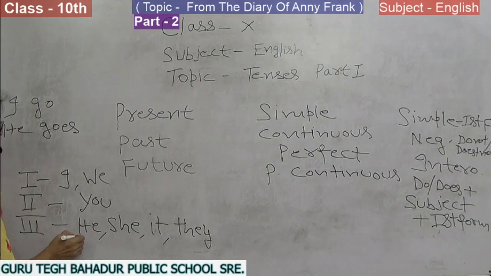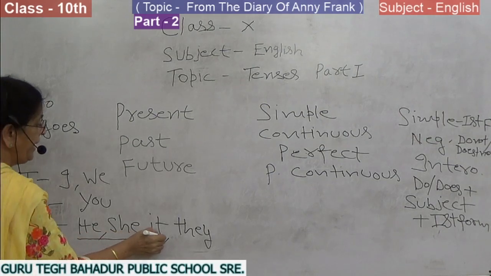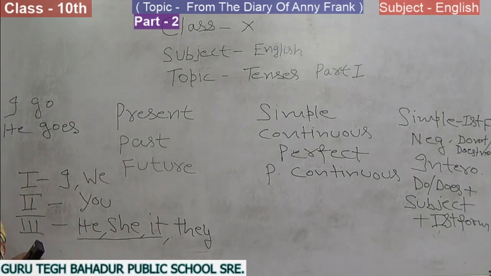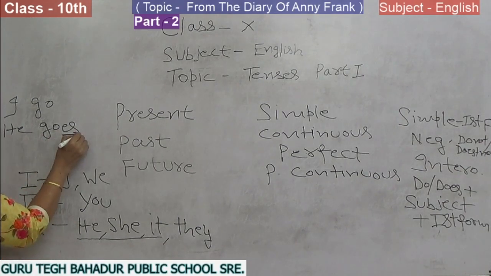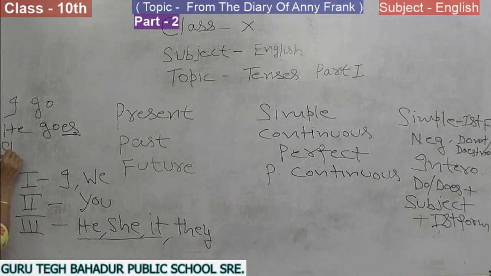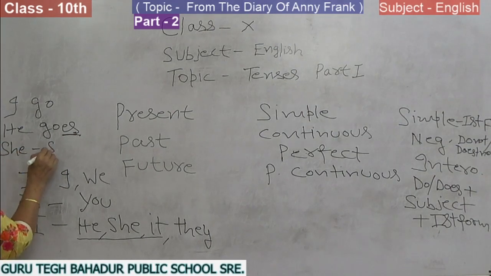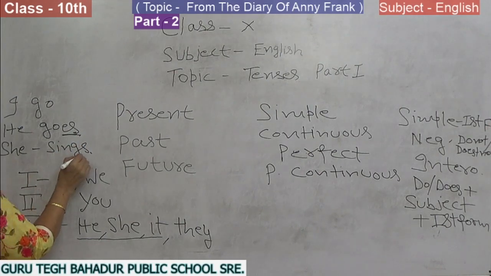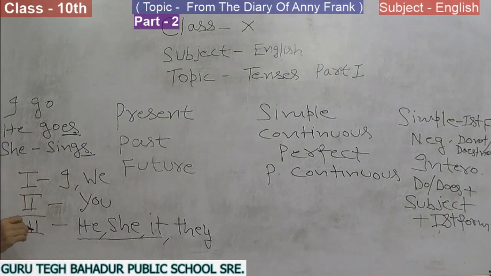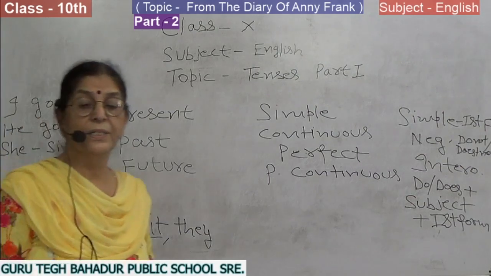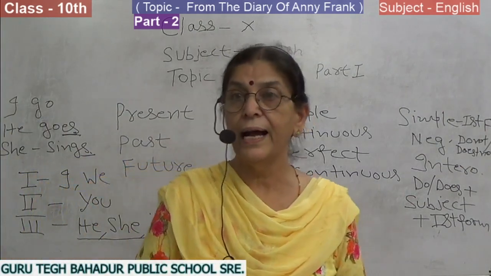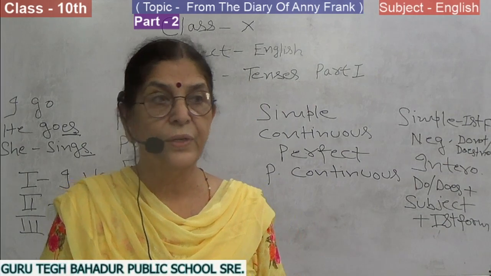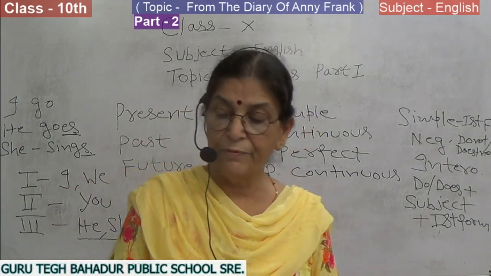Third person singular number, he, she, it, these 3 will take S or ES. Here go has taken ES, he goes. Then I write she sings. Here the word sing has taken only the S. So the third person singular number will take S or ES. This was all about your present indefinite.